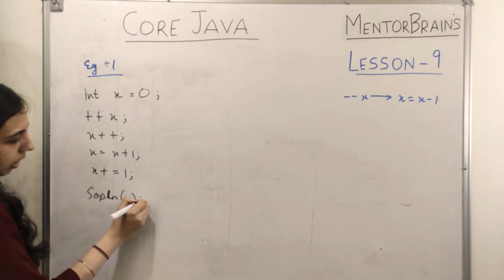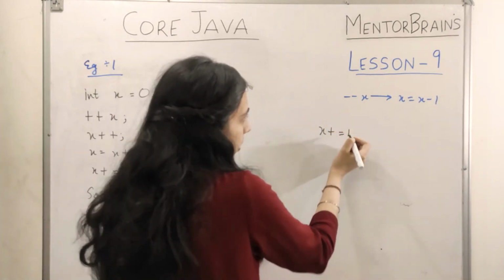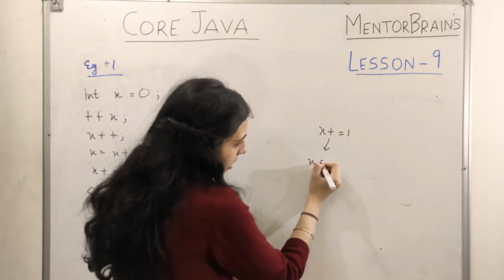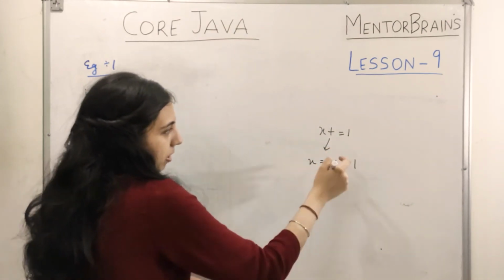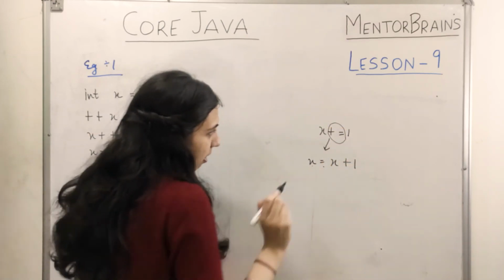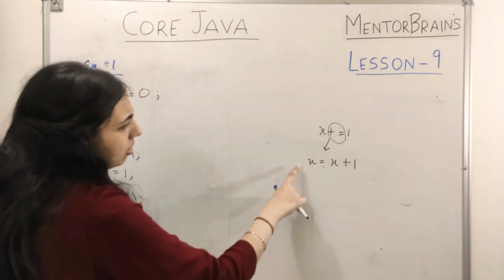Now I just want to tell you about this statement. Whenever I write x += 1, that means this statement is basically this, again incremented. Now this += is a shortcut used for writing x = x + 1. So if I write this or this, it's the same thing.